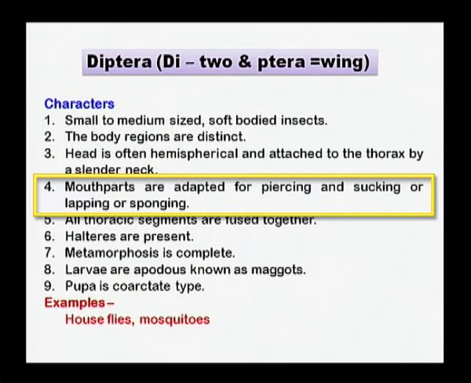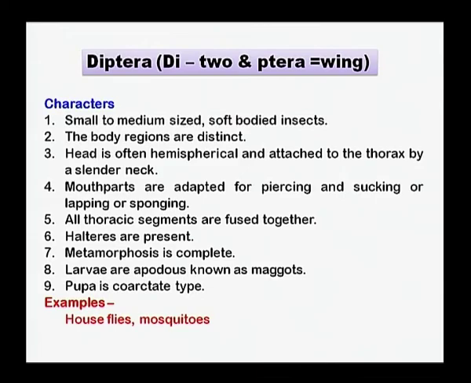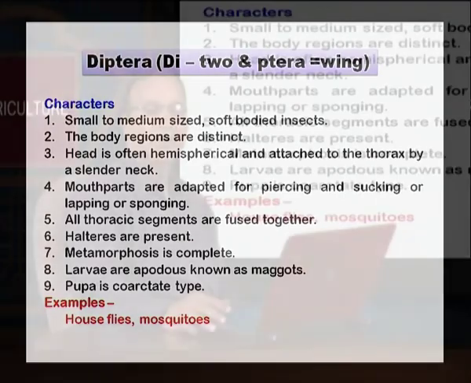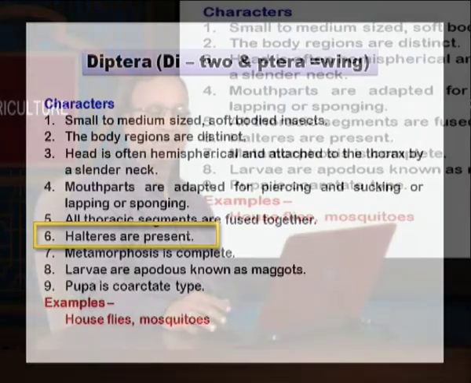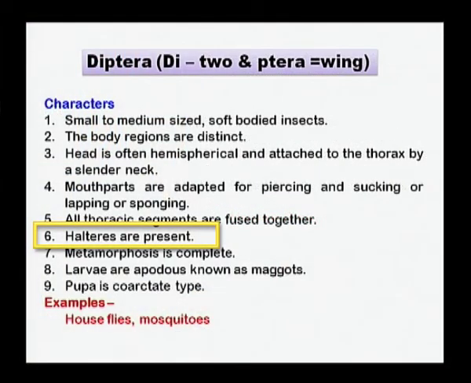Mouth parts are mostly piercing and sucking, or lapping, or sponging type. All the thoracic segments are fused together. It means prothorax, mesothorax and metathorax cannot be easily separated from each other. Halteres are present.